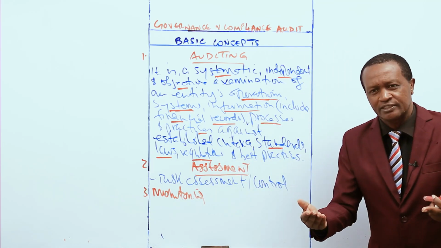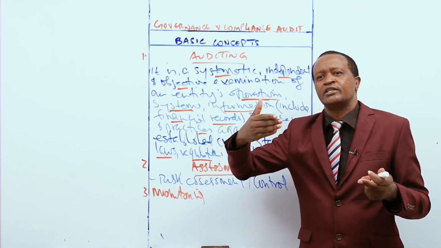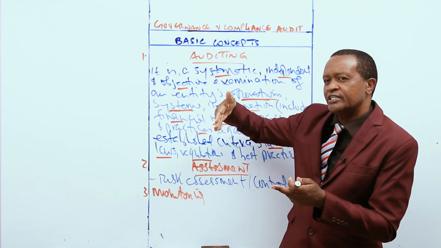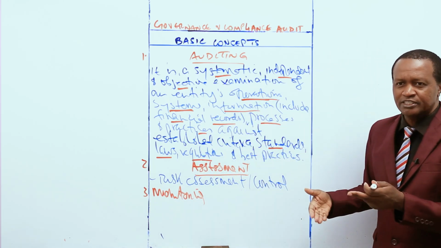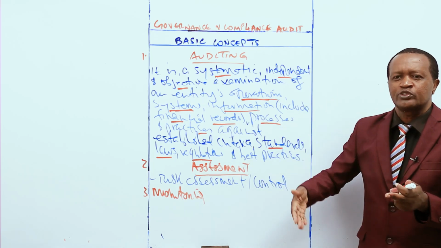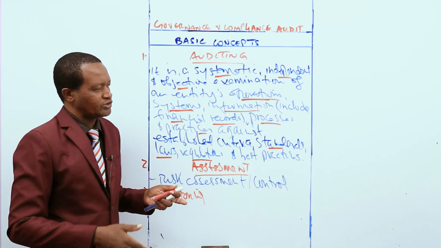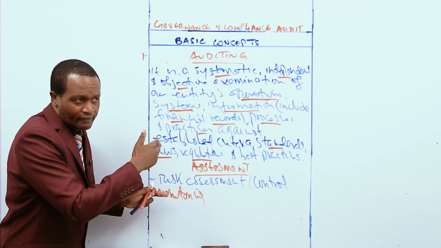So monitoring refers to the ongoing and periodic evaluation of the design and the operating effectiveness of internal controls by the management to ensure that these controls are functioning as intended. So that monitoring is the role of the management.